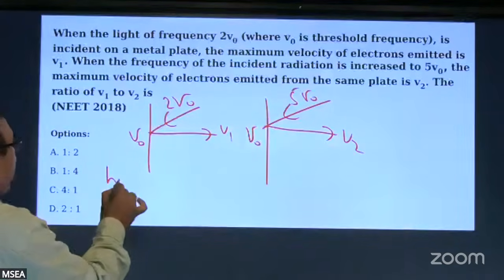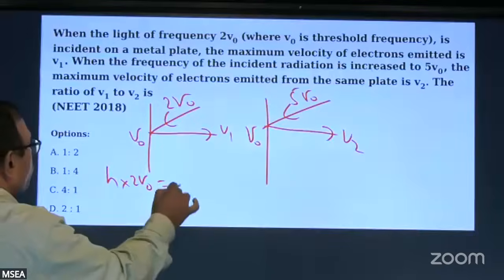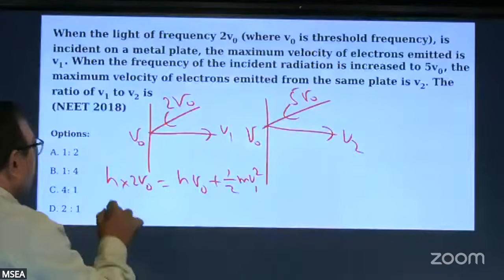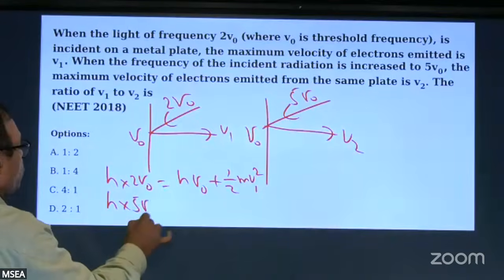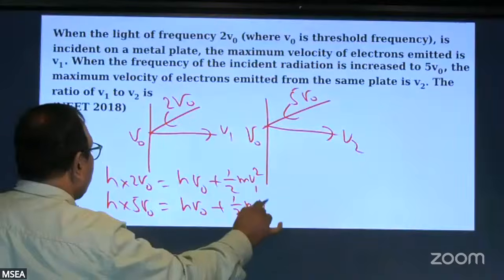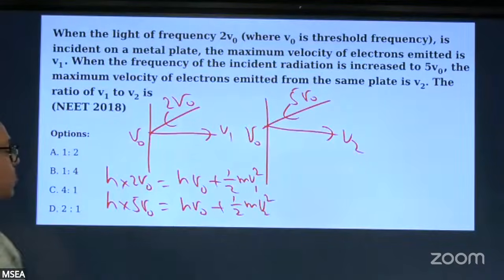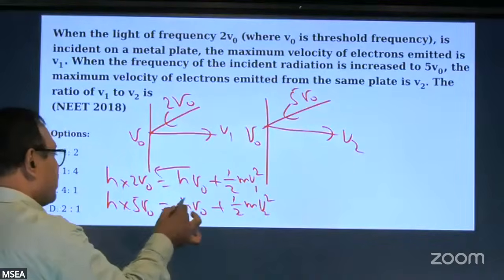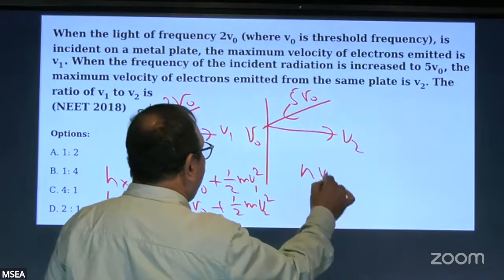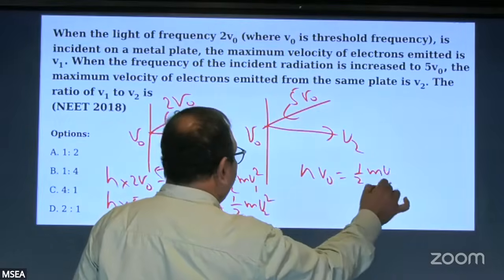Very simple. H into 2 nu naught should be equal to H nu naught plus half m v1 square. In the same way, H into 5 nu naught is equal to H nu naught plus half m v2 square. Take one side first, don't take the ratio yet. 2H nu naught minus H nu naught, H nu naught, is equal to half m v1 square.